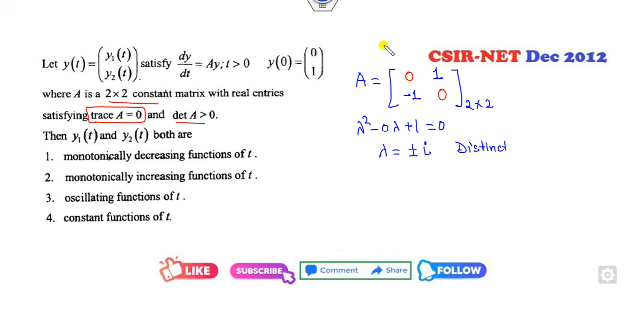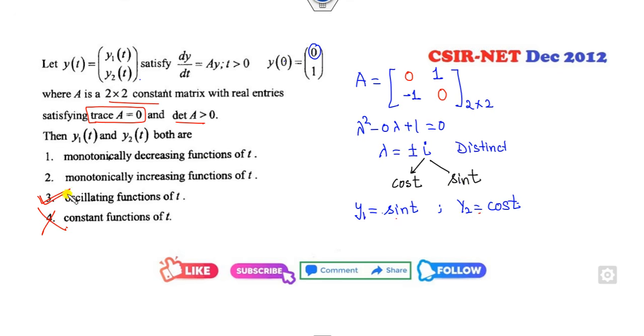Since it is a complex number, the solution will be in the form of cos t and sin t. Now clearly, y of 0 will be 0, that is my y1, which will be sin t. And the second will be cos t. Now, are they constant? No. Are they oscillating?